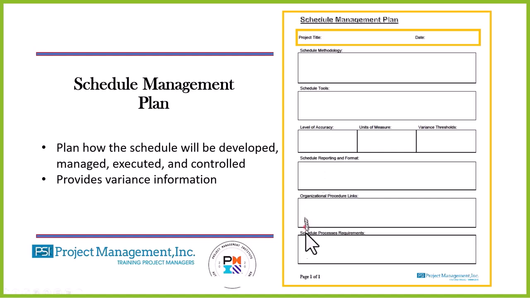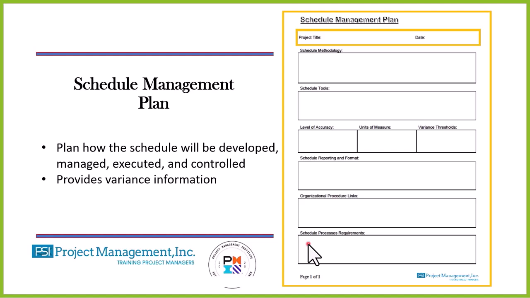But look at this. How will we perform the other processes of schedule? If you had the schedule framework or the project framework from the 6th edition, you would see that as far as the project schedule goes, you have several different processes there. You have, for example, plan schedule management, which is what we're talking about.